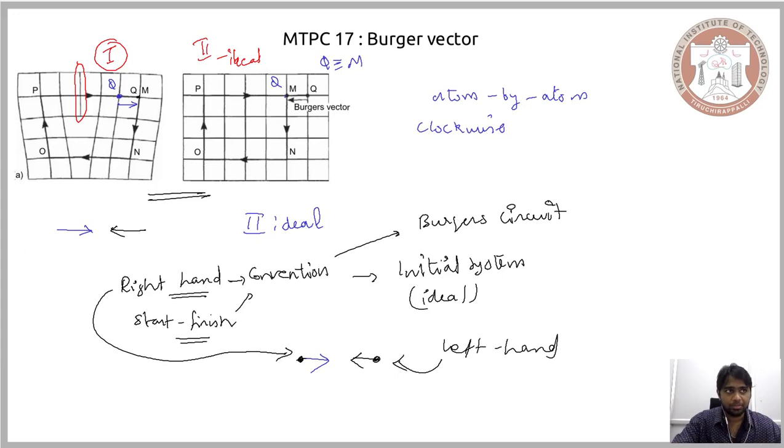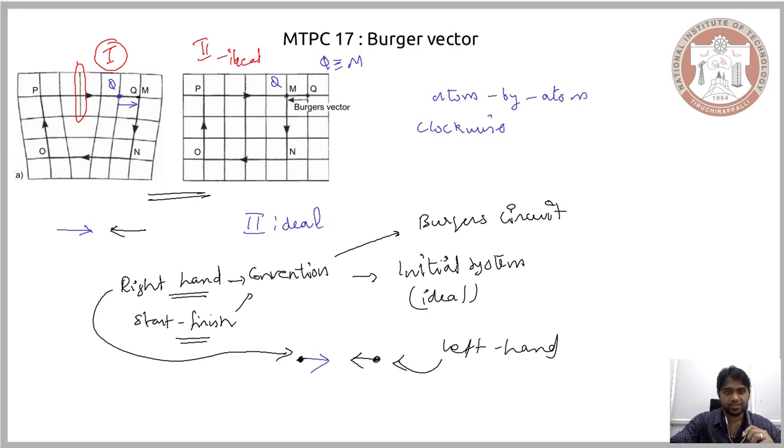Now, even though the Burgers vector helps us distinguish edge dislocation from that of the screw dislocation, we need to distinguish the different forms of edge dislocation using this Burgers vector. We saw that, depending on where you find the extra row of atoms, we can distinguish positive edge dislocation from negative edge dislocation.